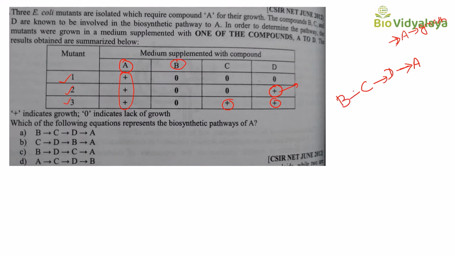So the equation representing the biosynthetic pathway of A is B, C, D, A. Let's see the options. Here in option A, B, C, D, A. So the correct answer is option A.